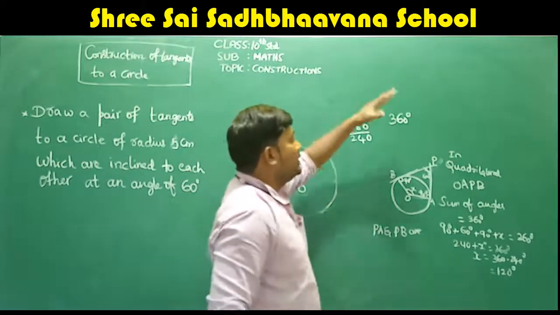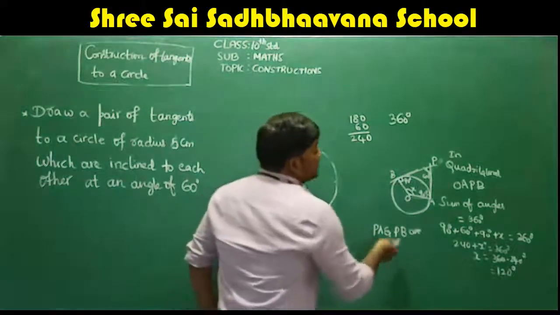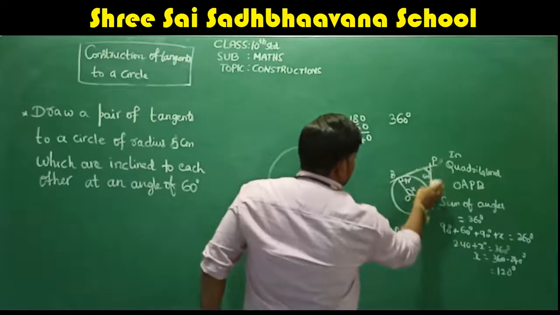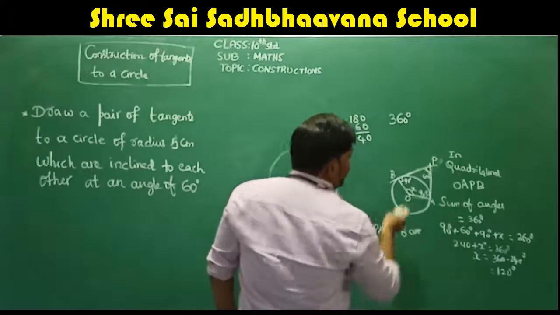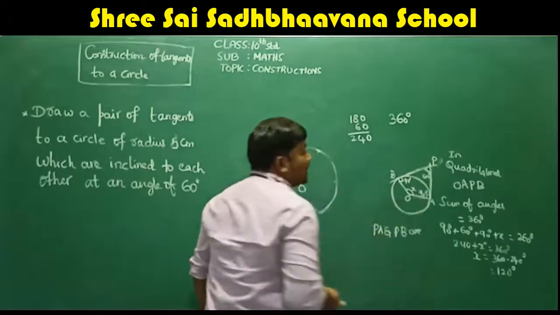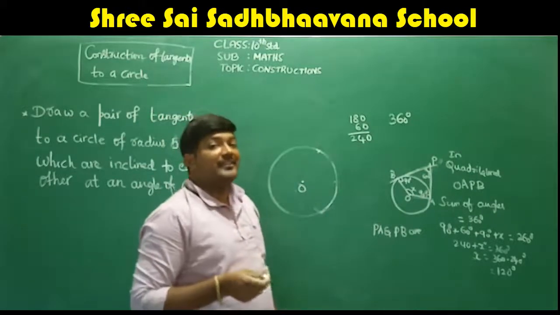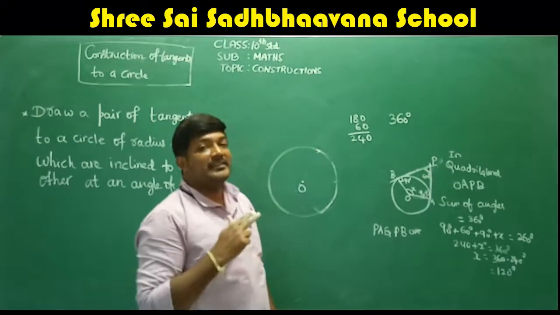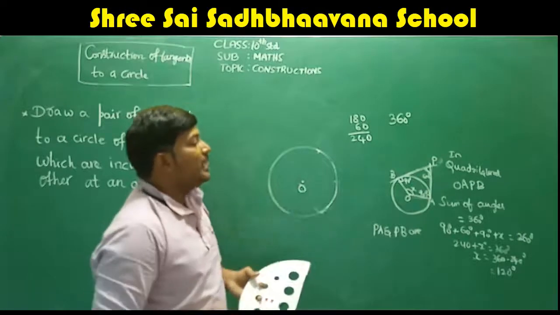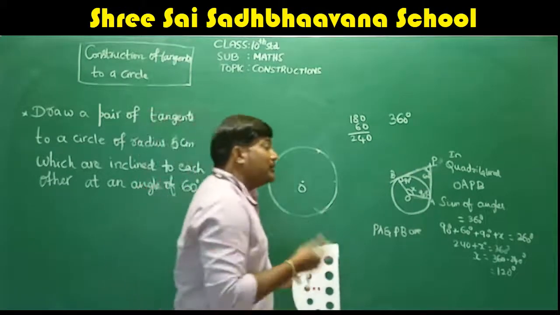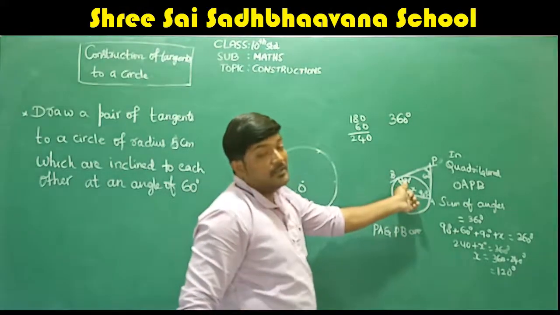I'll just explain once again. We draw a circle of radius 5 centimeters roughly, and draw the tangents PA and PB. Always remember OB and PB are perpendicular to each other, because of theorem number 1 on circles: the radius and the tangent drawn to a circle are perpendicular to each other. So at the point of contact they make a 90 degree angle.